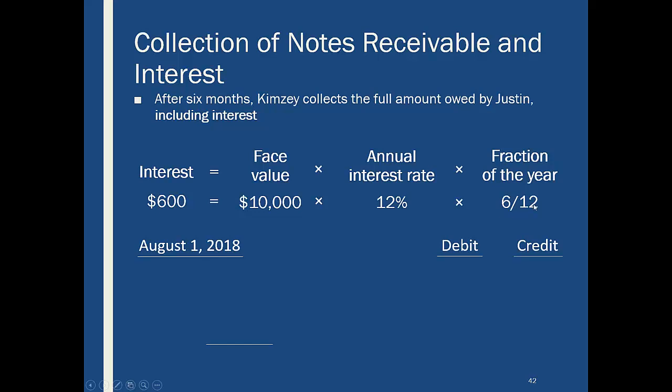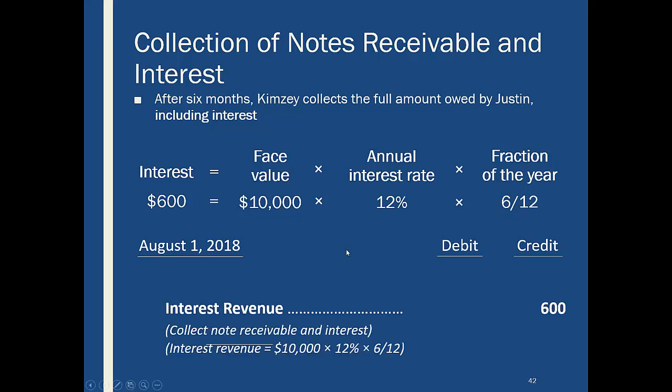This 12% is an annual rate. So had Justin in this case borrowed the money for an entire year, then it would be 12% of the $10,000, but he's really not, is he? He's only borrowing that money for 6 of the 12 months, and that's why we multiply it times the 6.